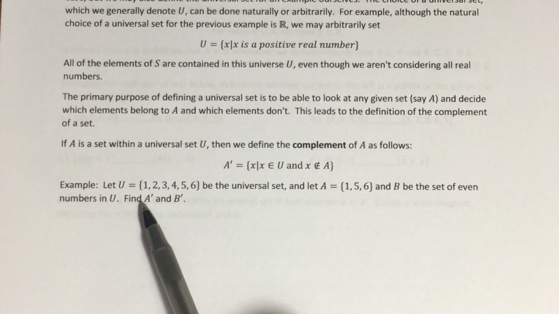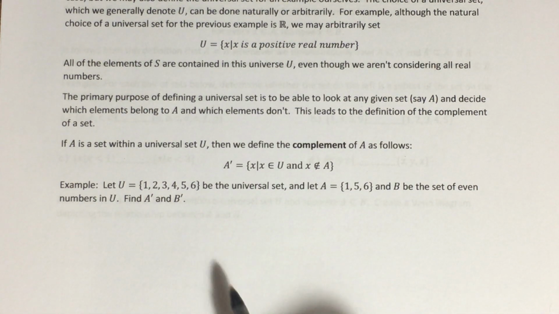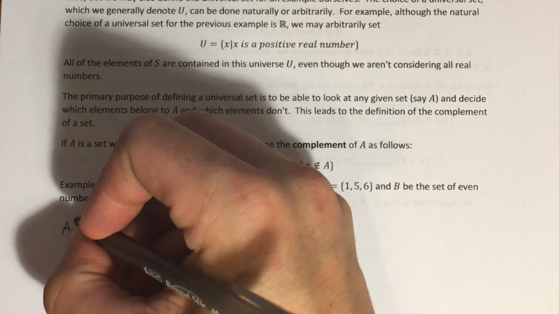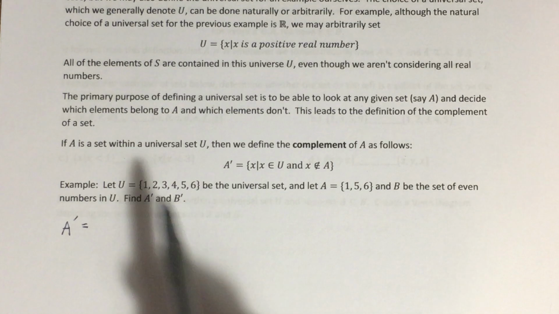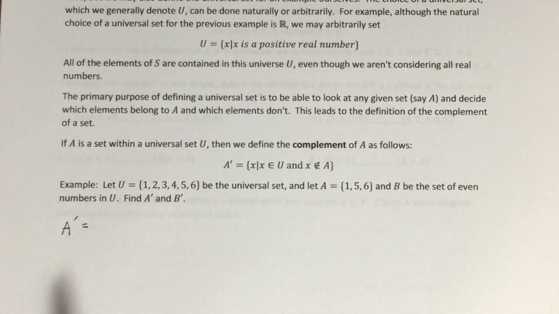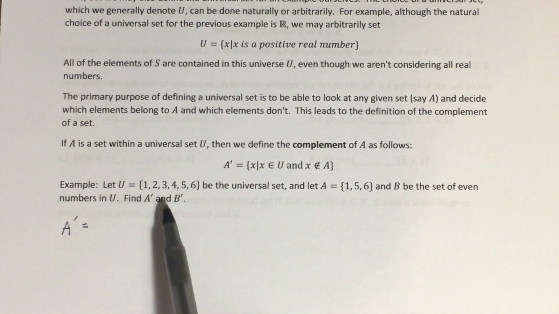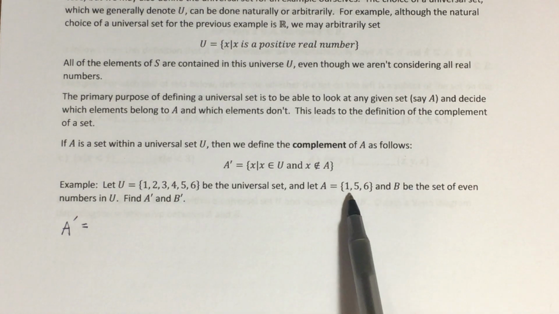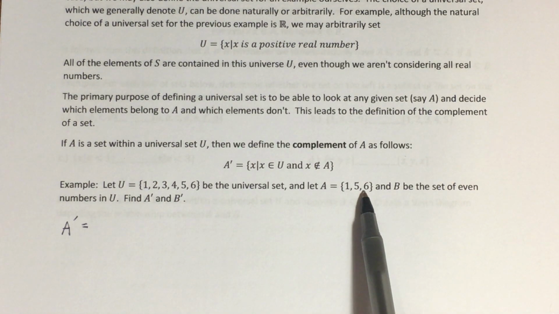We're asked to find A complement and B complement. Now, in a case like this, where we've explicitly laid out exactly what belongs to our universal set and exactly what belongs to the set A, it's very, very easy to find A complement. All we're doing is looking in the set U for all of the elements that are not in A. So A contains the numbers 1, 5, and 6.